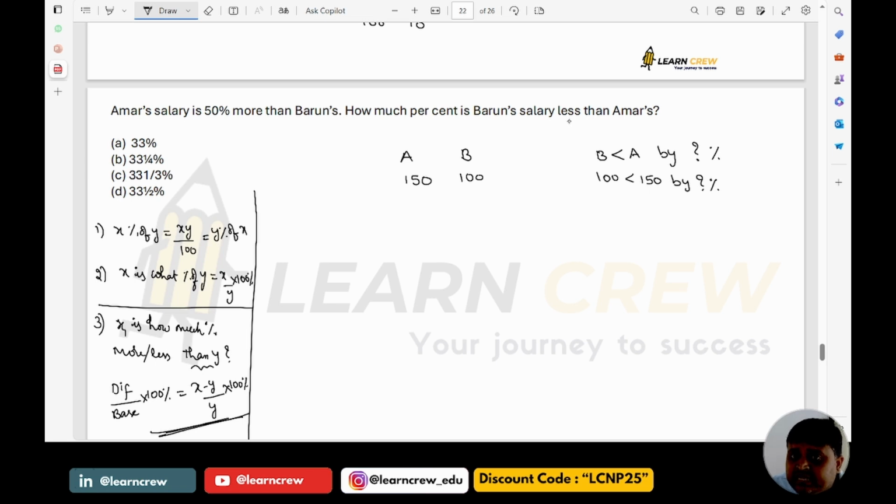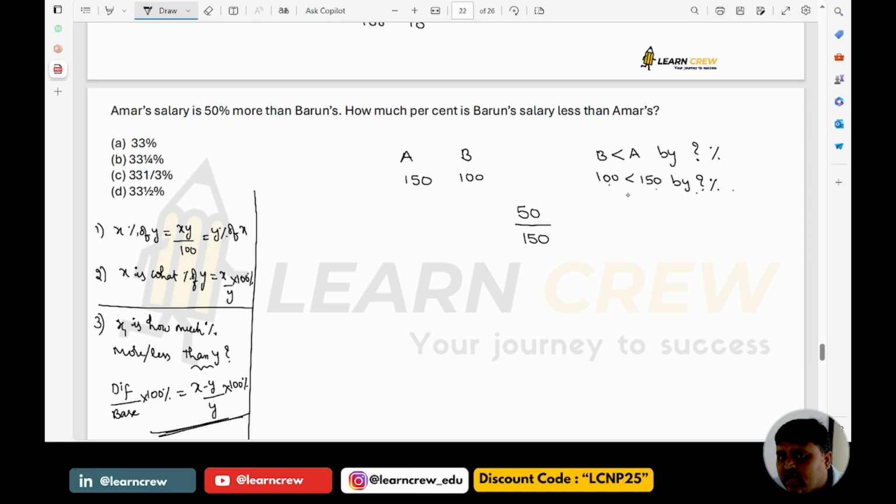Now Varun's salary is less than Amar's salary by how much percent? 100 is less than 150. So one value 100 is less than the other value 150 by how much? What is the difference here? 50. Difference here is 50. And the base value: 100 less than 150 by how much percent? Here comparison is done with respect to 150. So the base value is 150.